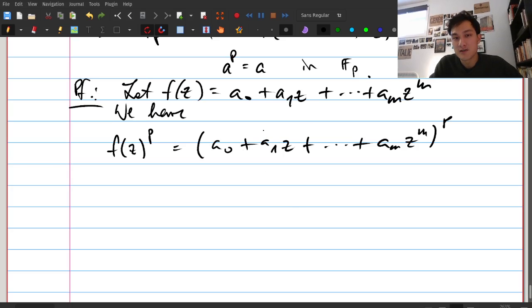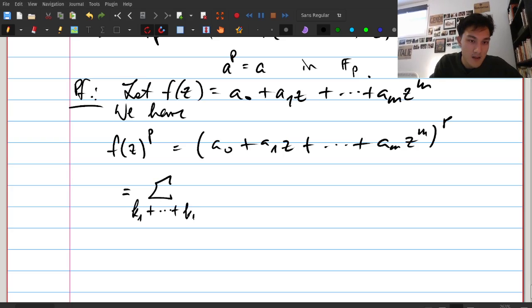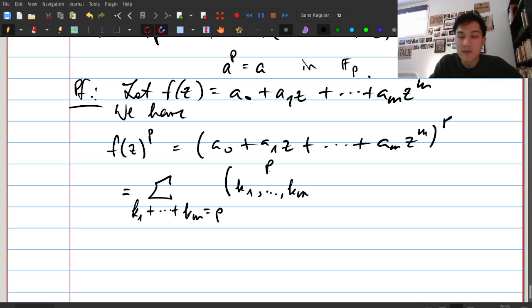If you have just two terms in a sum and you want to take it to some power, there's a binomial coefficient that shows up. Well, here there's a multinomial coefficient that shows up. So we want all k1 up to km that add up to p. And then we have this multinomial coefficient, k1, up to km. When m equals 2, this is just the binomial coefficient because we want k1 and k2 to add up to p. Well, that's like p and then p minus k, right?